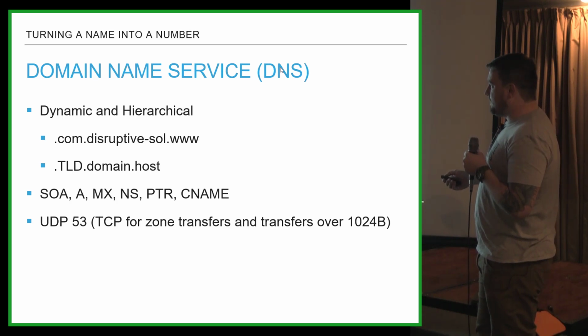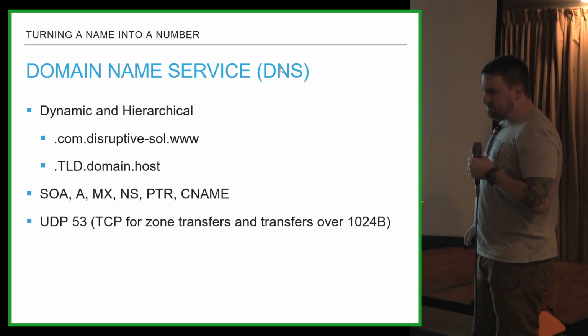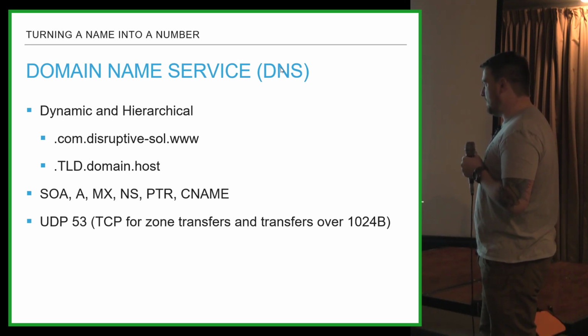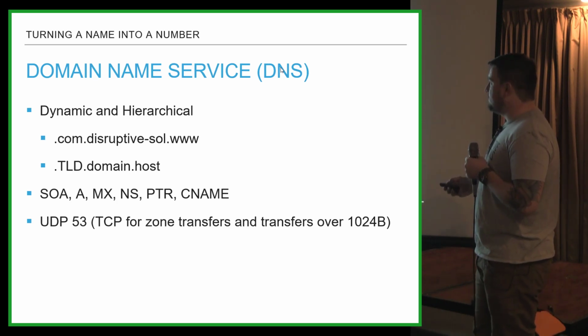So you have your root domain, your top-level domain, your domain, and then either a subdomain or a host name. There are a couple of different record types. These are probably the most important ones, but there are lots more. DNS works on UDP 53, or TCP for zone transfers or large transfers.